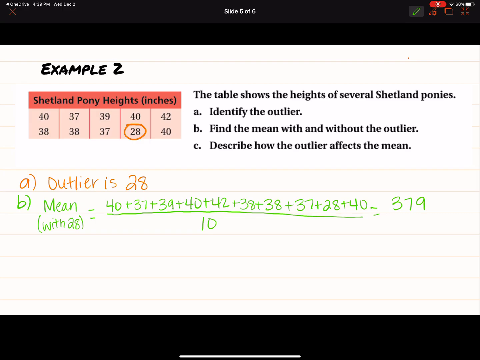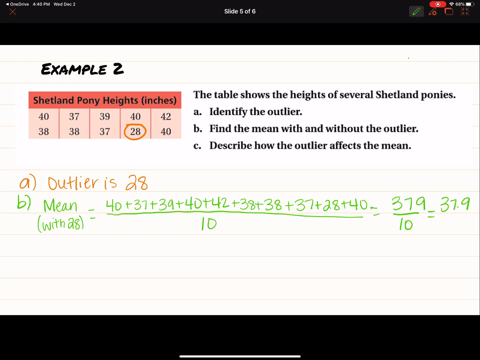Let me double check. Yep, 379. All right, so 379 divided by 10 is going to be 37.9. So my mean with my outlier, 28, is 37.9.